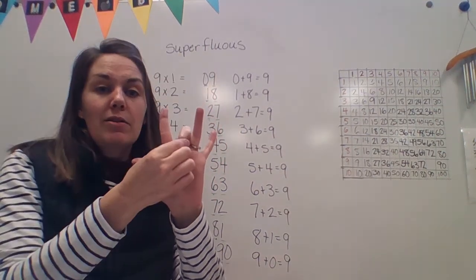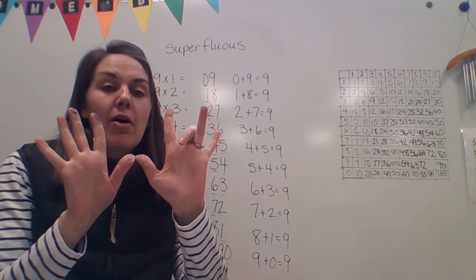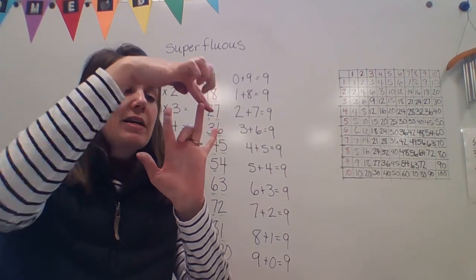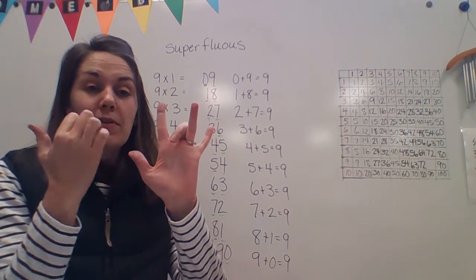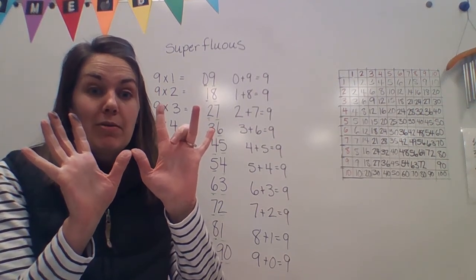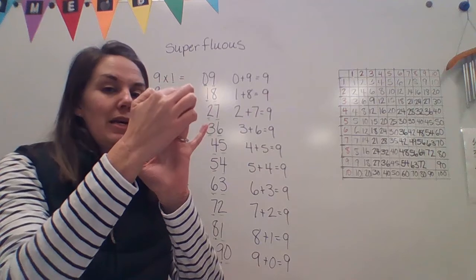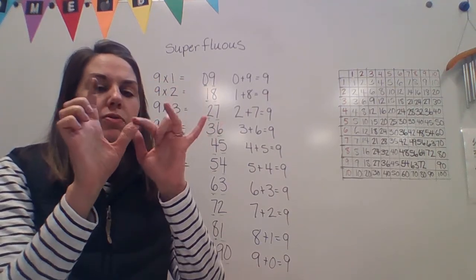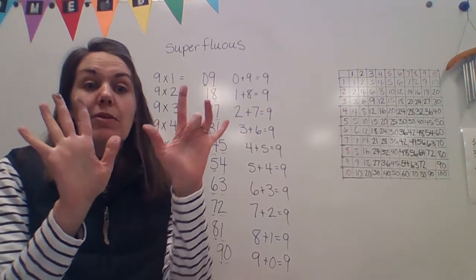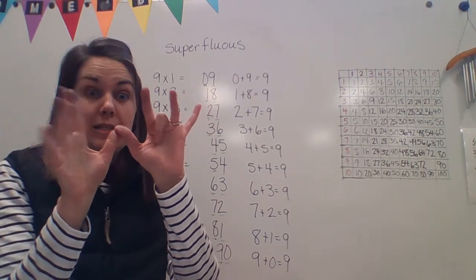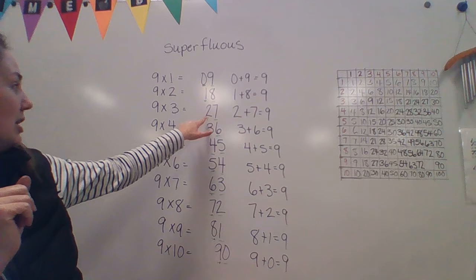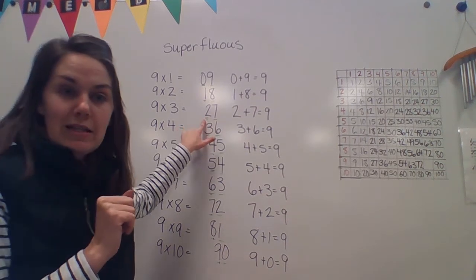I'm going to put down my third finger, and then all of my fingers on the left-hand side of my finger that's down are going to be my tens, and all of the fingers on the right-hand side are going to represent my ones. So I would have 2 tens, and 7 ones. My answer would be 27. Can we double check it up here? Yep, 9 times 3 is 27.